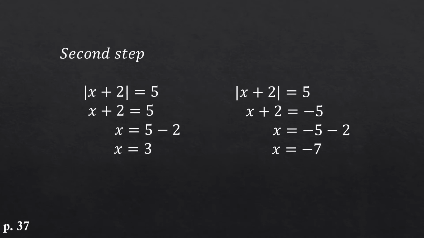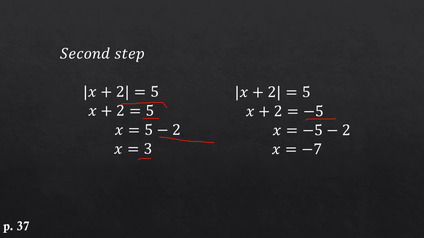Okay, here second step. You have to write x plus 2 equals positive 5 and x plus 2 equals negative 5. Okay, so when you move 2 to the other side, it will be a negative 2. So 5 minus 2 will be 3.